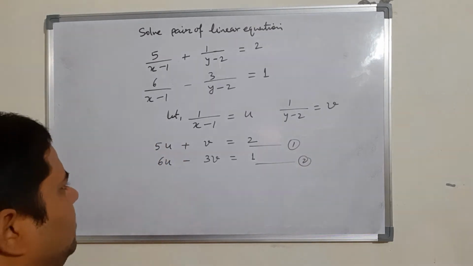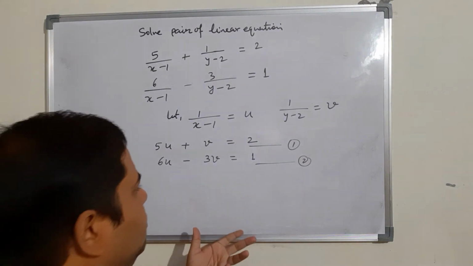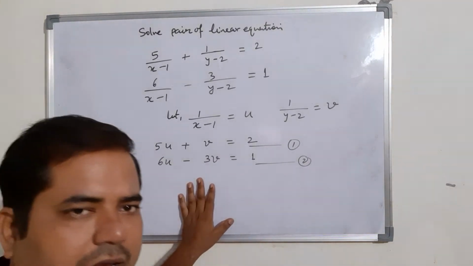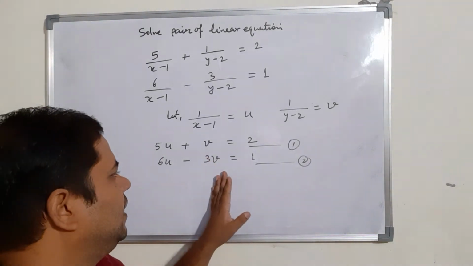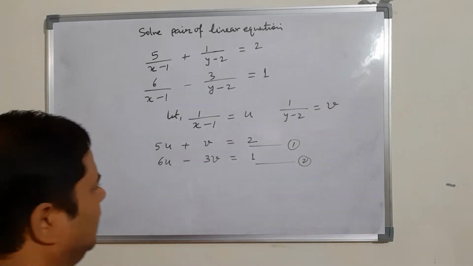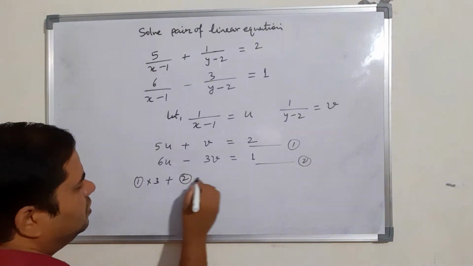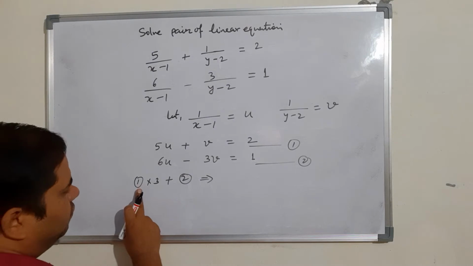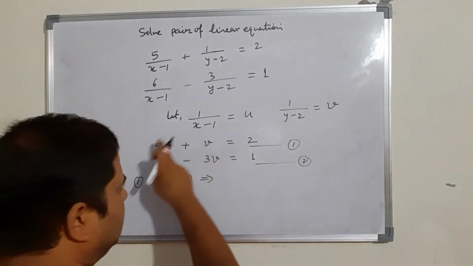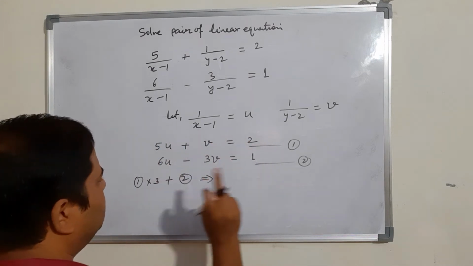So we have to solve it by the elimination method. You can use any method, whichever is easy for you, but we will solve it by the elimination method. For this, we need to multiply equation number 1 by 3 and then add it to equation 2.